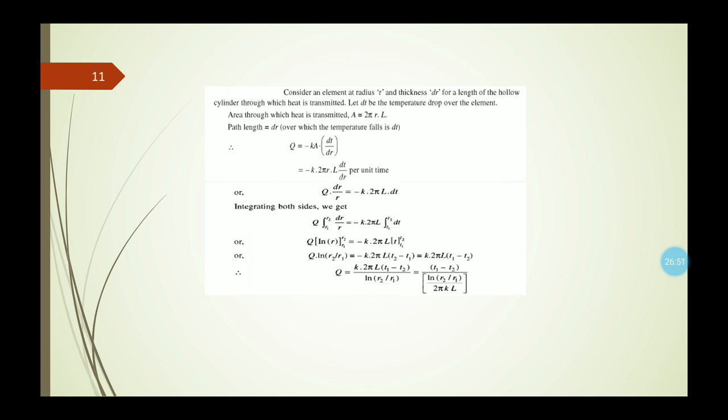This part, ln R2 by R1 by 2 pi KL, is the thermal resistance which we have seen in the earlier page. So this is a simple derivation: we only need to apply Fourier's law of heat conduction and then integrate within the limits. In this way we can find the heat transfer in case of a hollow cylinder.